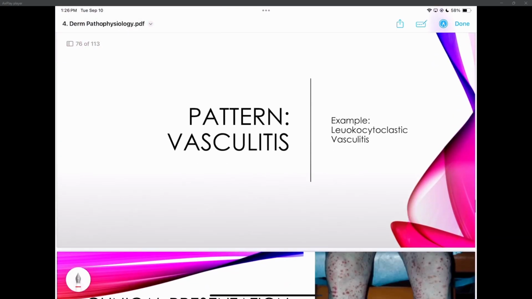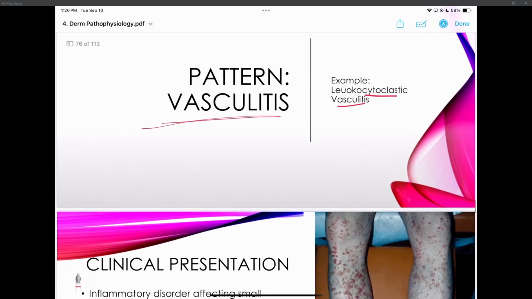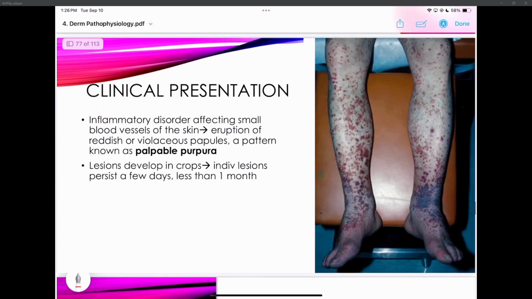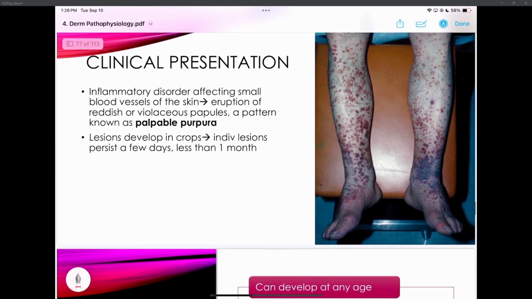The next one is vasculitis. Example, leukocytoclastic vasculitis. This is an inflammatory disorder affecting the small blood vessels of the skin. This is dealing with the blood vessels. That's why it's called vasculitis. It has to do with the vessels of the skin.